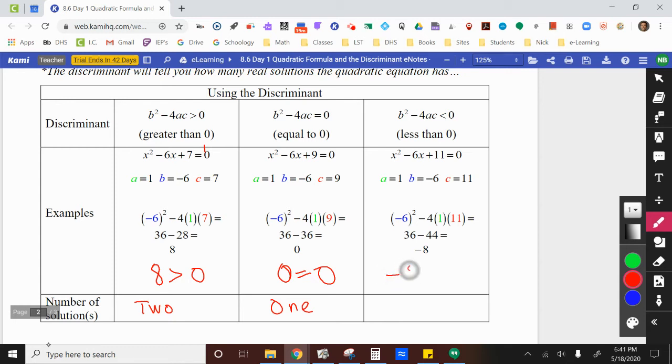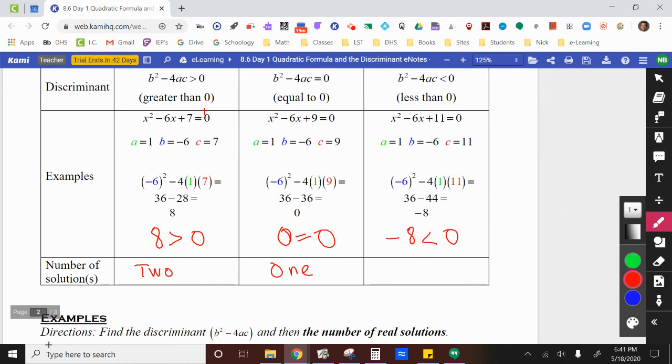And negative 8 is less than 0, so this is where we have no solution. So if you work out your discriminant and it is less than 0, meaning a negative number, then there is no solution.